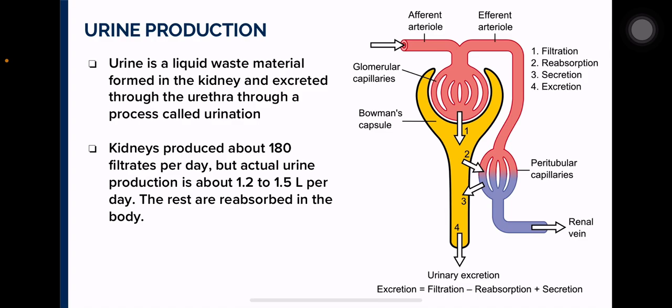Next, our renal system, or specifically the kidneys, regulate body fluid osmolality and electrolyte concentrations. They regulate arterial pressure, and the excretion of metabolic waste products and foreign chemicals.